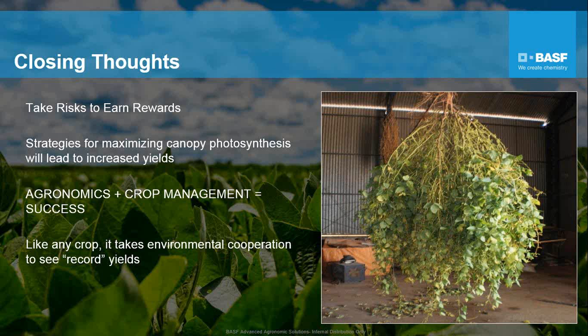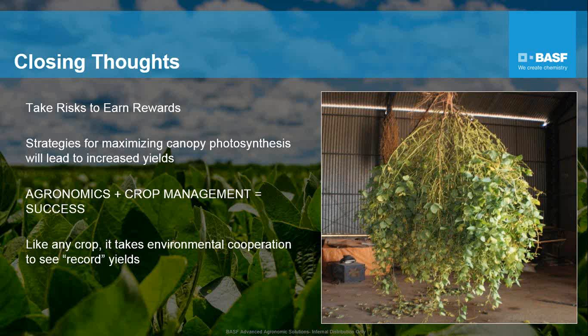It's still a practice that can help us, for example, when we have lower light or cloudy days, by increasing canopy photosynthesis. So some of those benefits may go beyond disease, which is why they still can be important parts of that high yield management system.